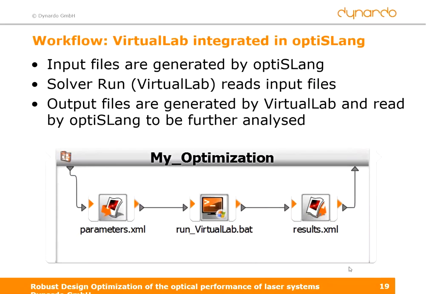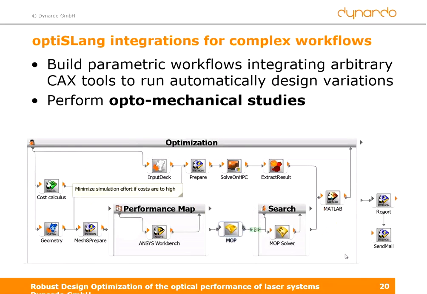So everything is automatically done. And if you are an advanced user, you might build up very sophisticated workflows that could look like that. For example, to couple optical and mechanical studies. In this case here we have a geometry tool.